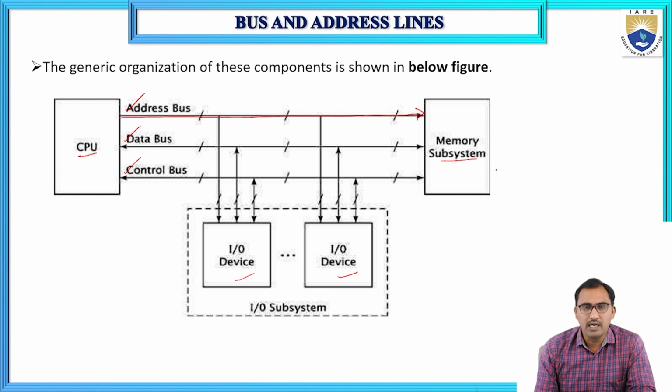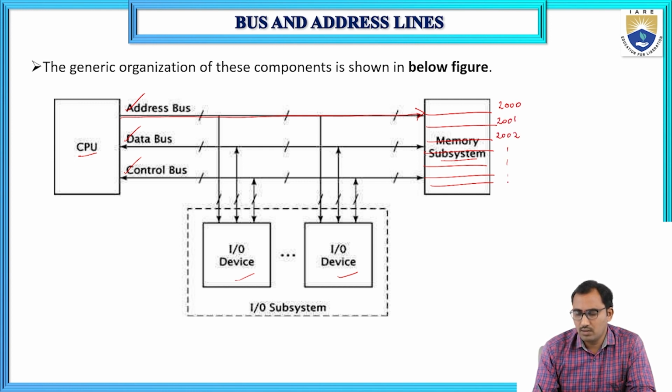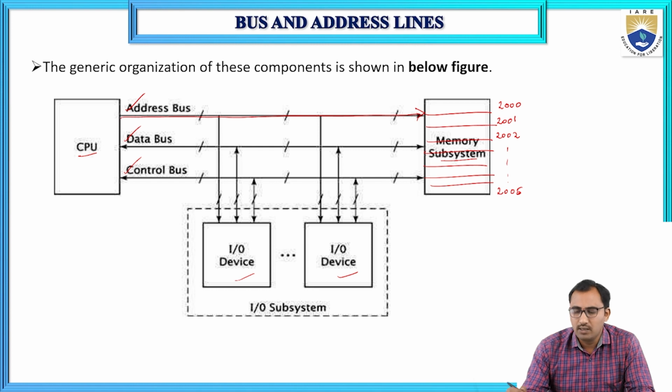Memory consists of various memory locations. The memory is divided into various memory locations, and each memory location is identified with a unique address. So every memory location is identified using an address.